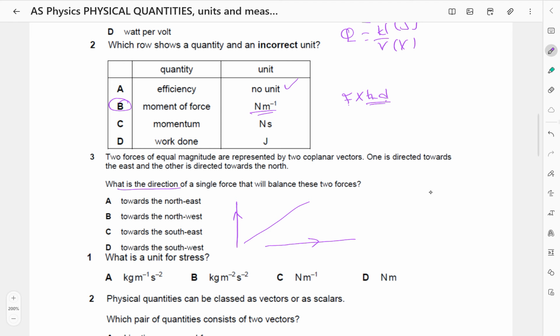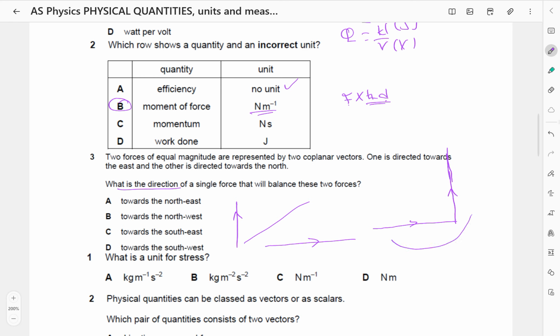Two forces of equal magnitude, they have the same magnitude, are represented by two coplanar vectors. One is directed towards the east, and the other is directed towards the north. So let me fix one vector towards the east, and on its head, I add a vector which is towards the north. Remember, they are equal in magnitude.